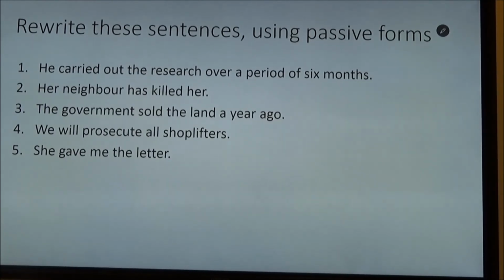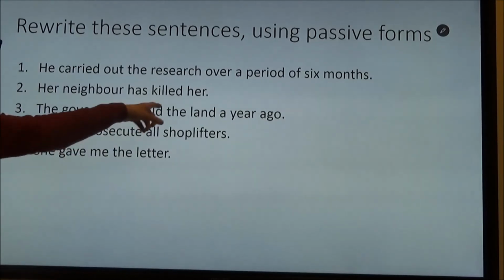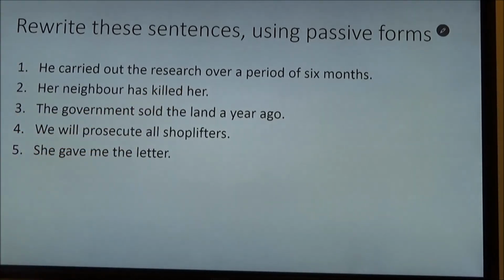Her neighbour has killed her, Melanie. She has been killed. Can you explain how you did that? Because there is an auxiliary verb. Yeah, the first step is the object. What's the object here? So it's her, which becomes she, yeah.